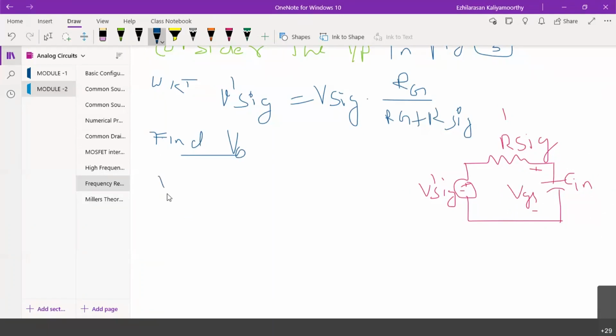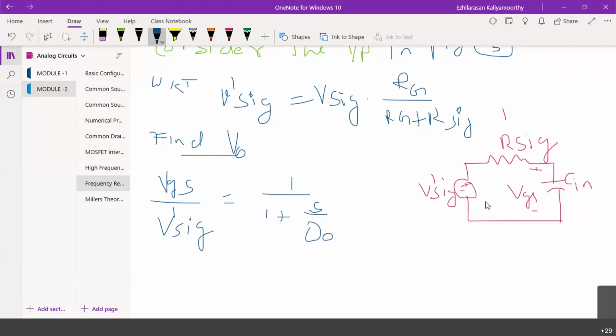So VGS is the output, divided by the input, which is V dash sig. So as per the STC, that is the short time constant, it is 1 by 1 plus S by omega naught.